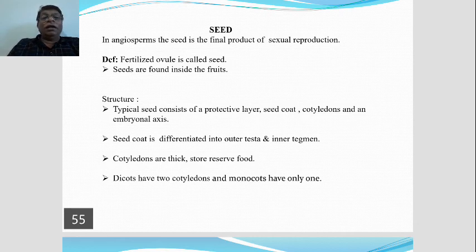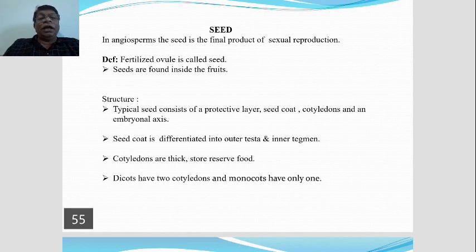The dicot ovule usually consists of two integuments, or two layers, you can say: outer integument and inner layer. The outer layer transforms into what is known as testa. It is a thick and protective layer that protects the embryo.